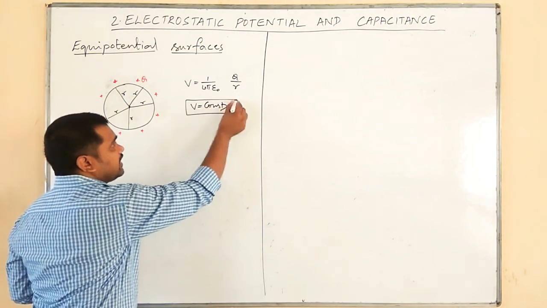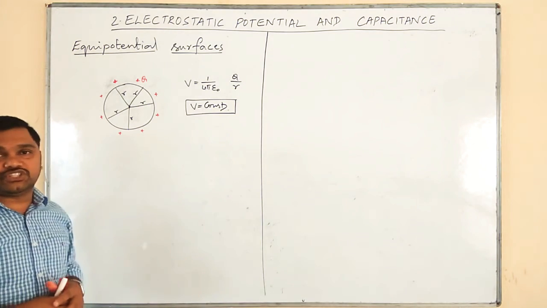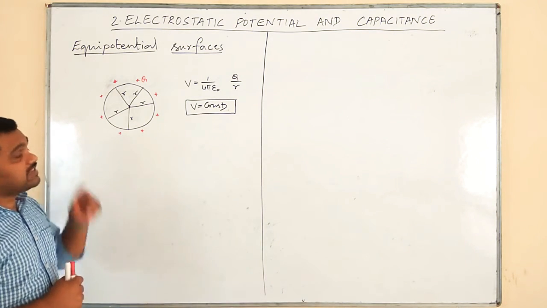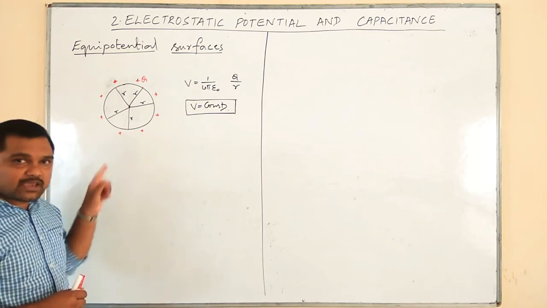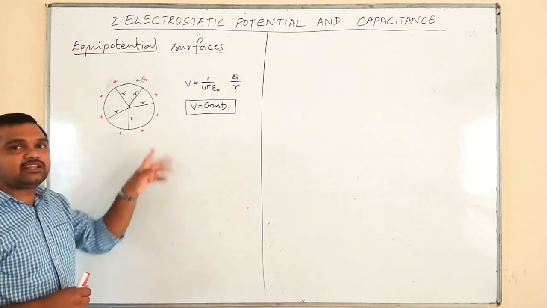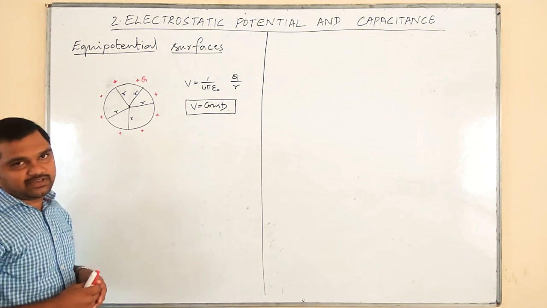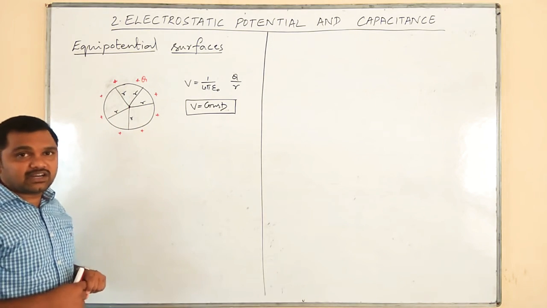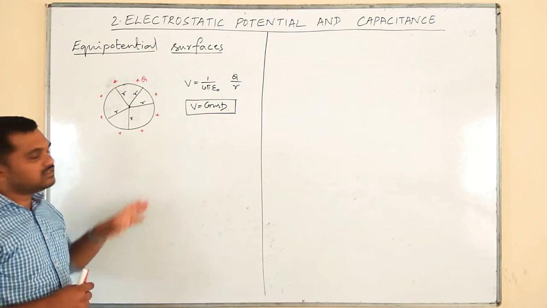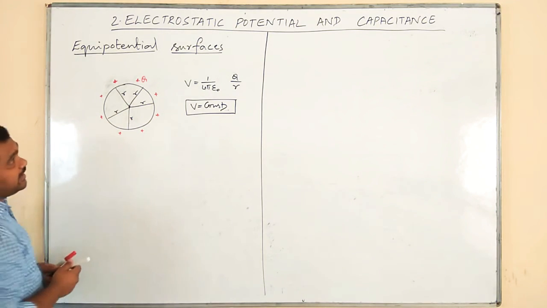This condition enables us to conclude this surface is an equipotential surface. What is an equipotential surface? Any surface having the same electric potential at all the points on it. Example, the surface of a uniformly charged spherical shell.